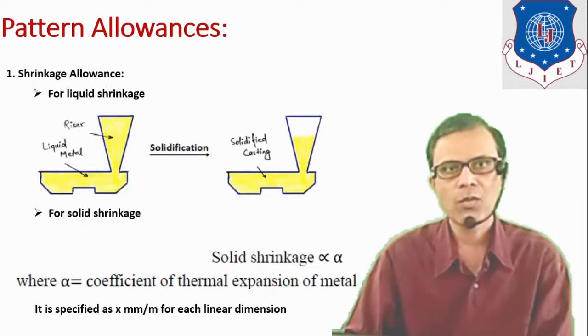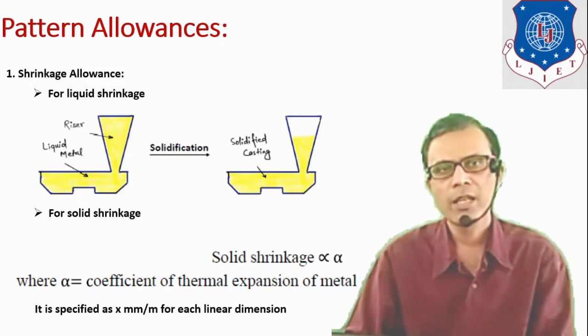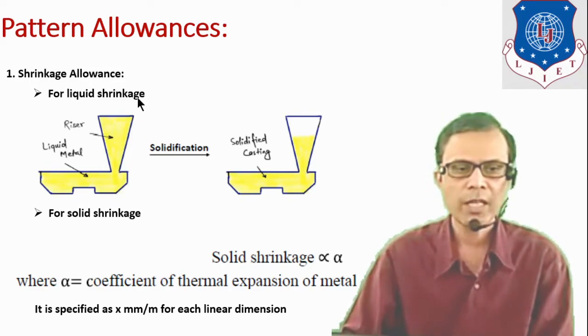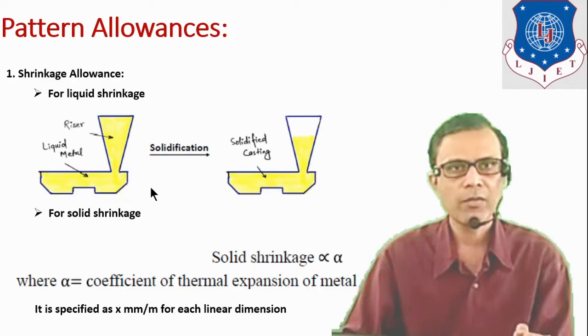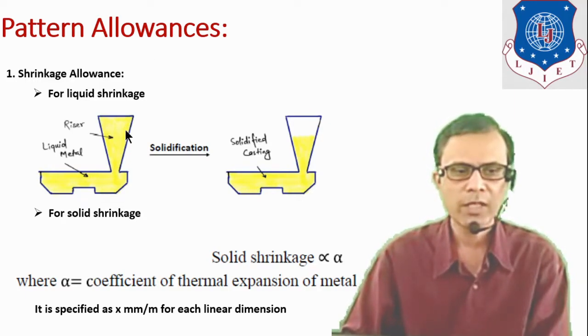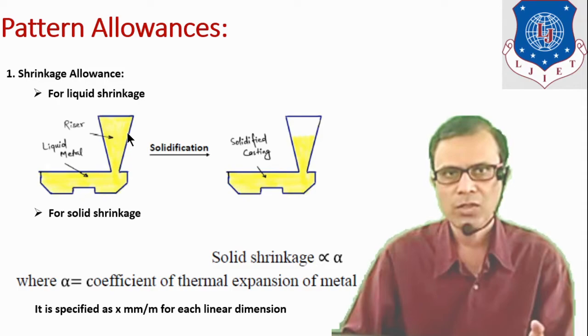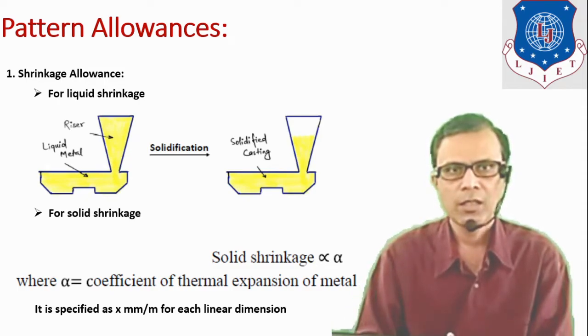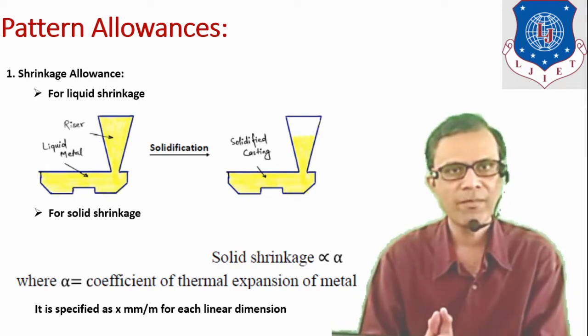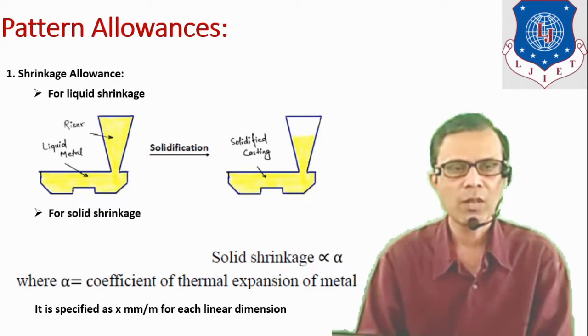Now, how can shrinkage allowance be compensated? For liquid shrinkage, the required metal can be compensated from the riser portion. In the gating system there is a riser, through which we can notice that the cavity is fully filled with the molten metal.